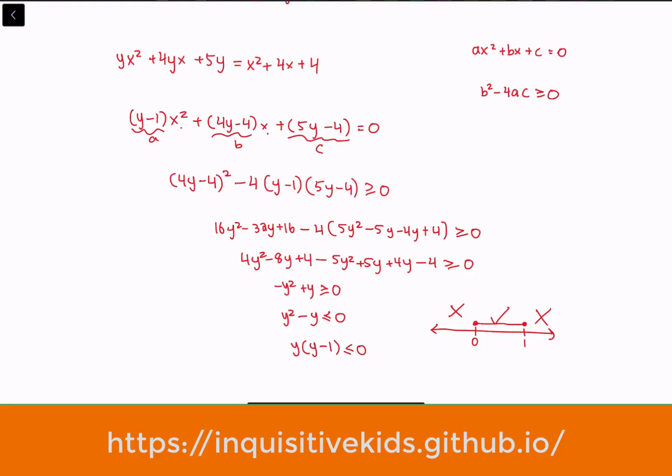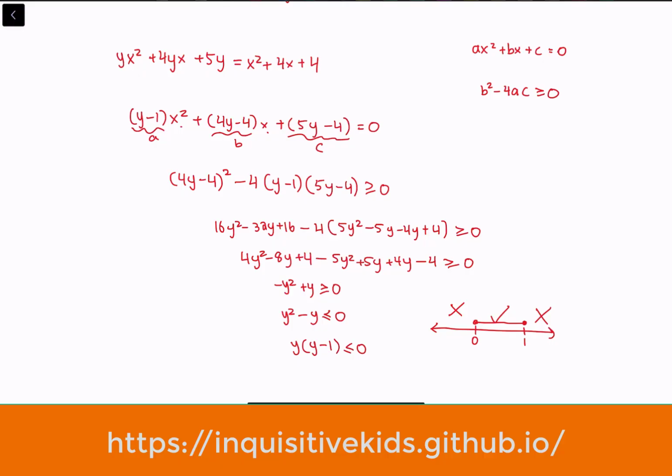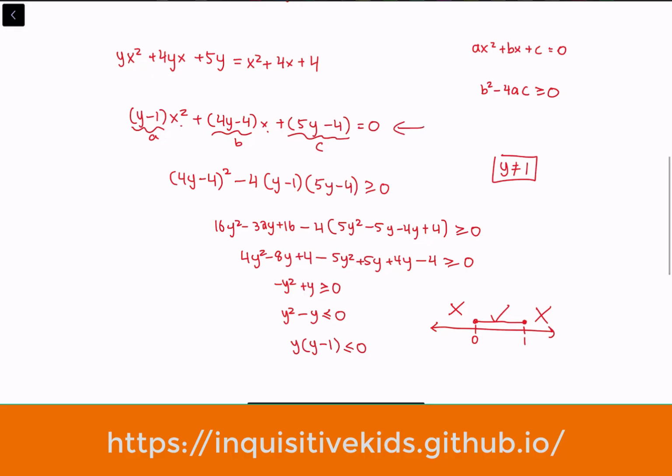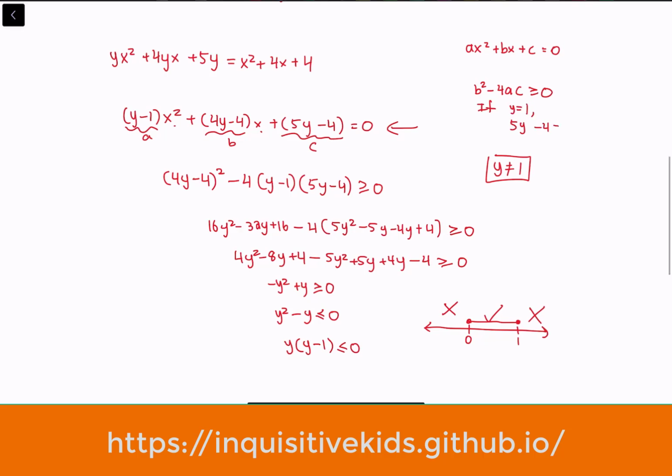But here's the catch. y cannot equal 1. We need to remind ourselves of this. We actually should have done this earlier. It's because when we go back to our original quadratic, if y is equal to 1, then we are left with 5y minus 4 is equal to 0.